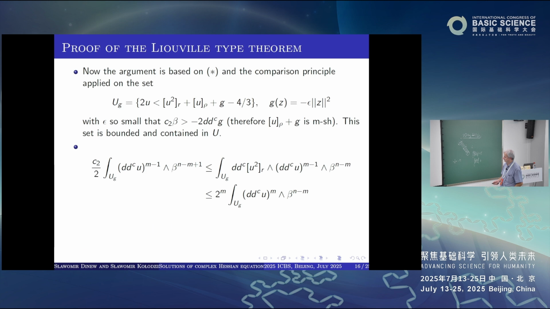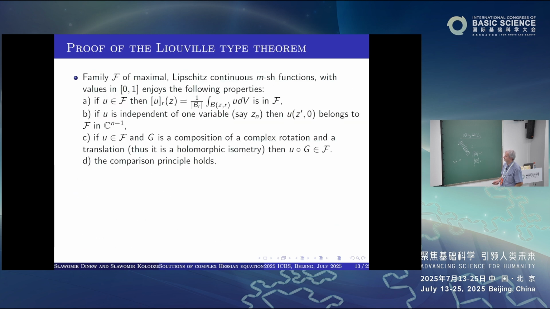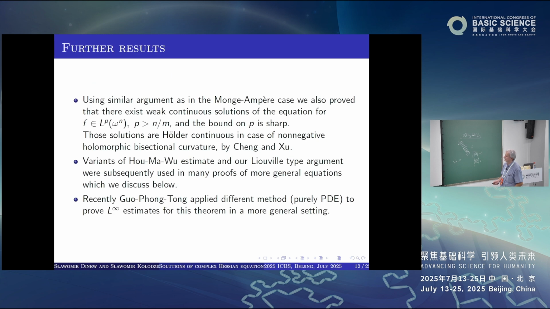Well, I think on page 12, if I remember correctly. Okay. Yeah, so you mean there is non-negative holomorphic bisectional curvature? Is this coming from some maximum principle argument? I do not understand why we need the curvature assumption.